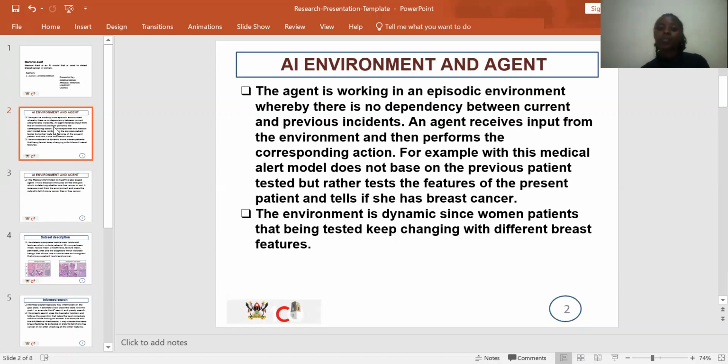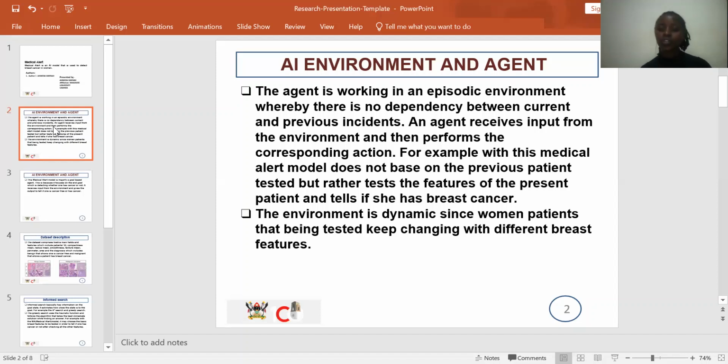For example, this medical alert model does not base on the fact that the previous patient had cancer and then that will determine that the current patient will have cancer. No, it checks each feature of each patient and tells what comes out of those features. So if this patient has got cancer, it's because it has checked her features and realized that the breast has cancer cells.